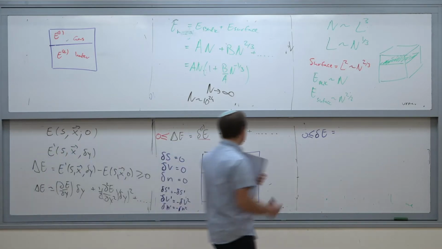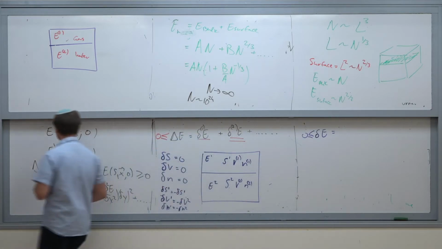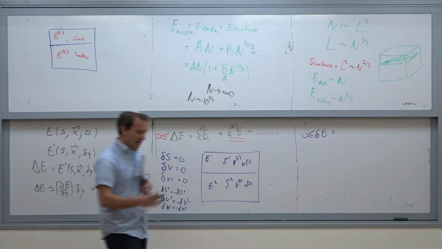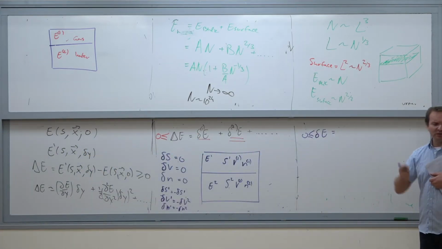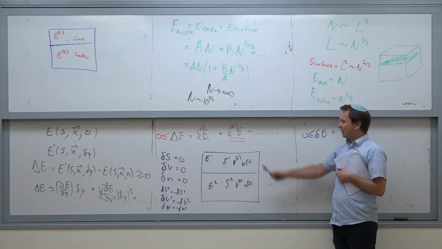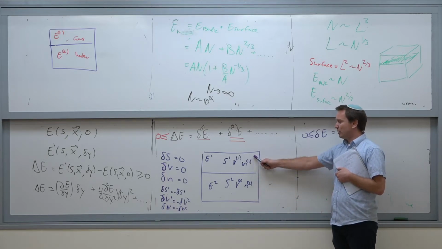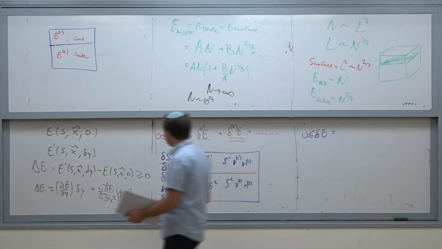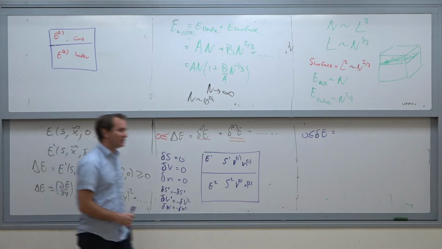So when I'm saying that I applied an internal constraint, I need to take the first derivative of E with the application of this constraint. I don't know how to write equations. I have put a wall here. I'm saying I have changed the entropy a little bit of this guy, and I have changed the entropy a little bit of this guy. I have changed the volume of this guy, and the volume of this guy. And I have changed the number of particles of this guy, and of this guy. But those changes are somehow related. Why? Because total change is 0. I have done nothing with the system.